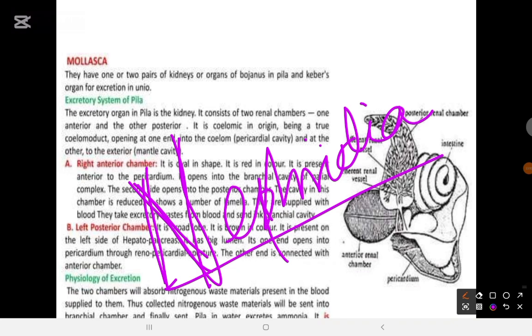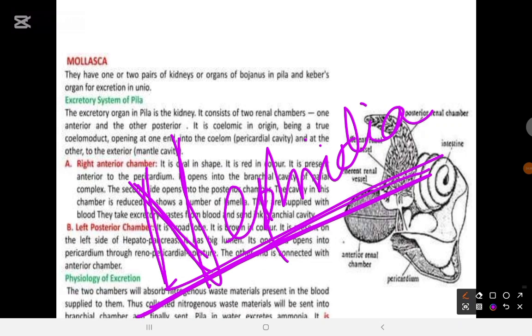Yeah, annelids. So they are more advanced than those. So we're going to be examining that of Pila. Is that okay? So the nephridium is just a kidney-like organ. It's a kidney-like organ. And these guys, some mollusks, excrete ammonia. Is that okay? Some mollusks actually excrete ammonia.